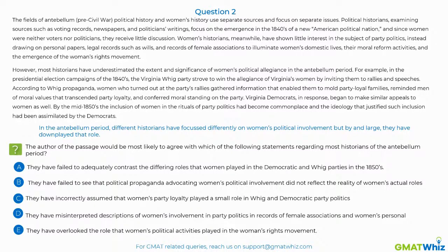So I've got an answer E. How about the other answers, guys? Yes, all of you have read this passage. Thank you, Sashi, Shubham, Akanksha. How about the answers? Come on, guys.